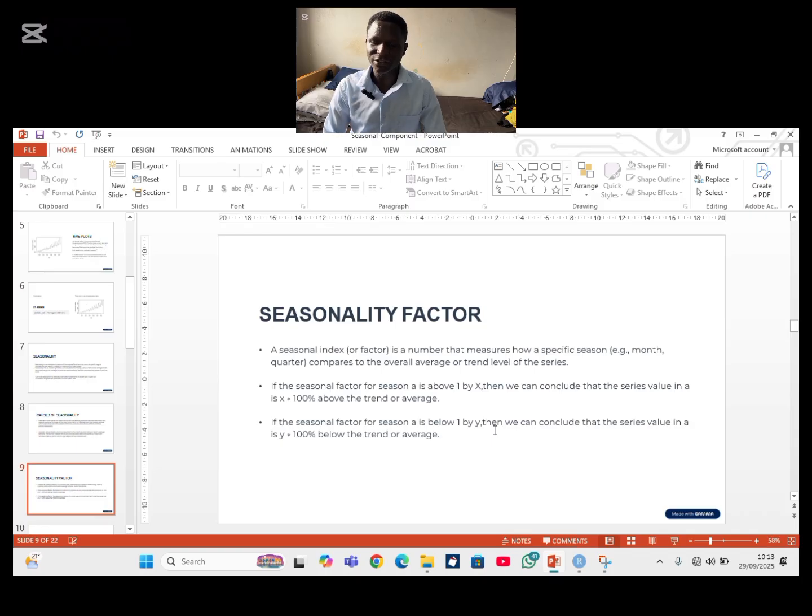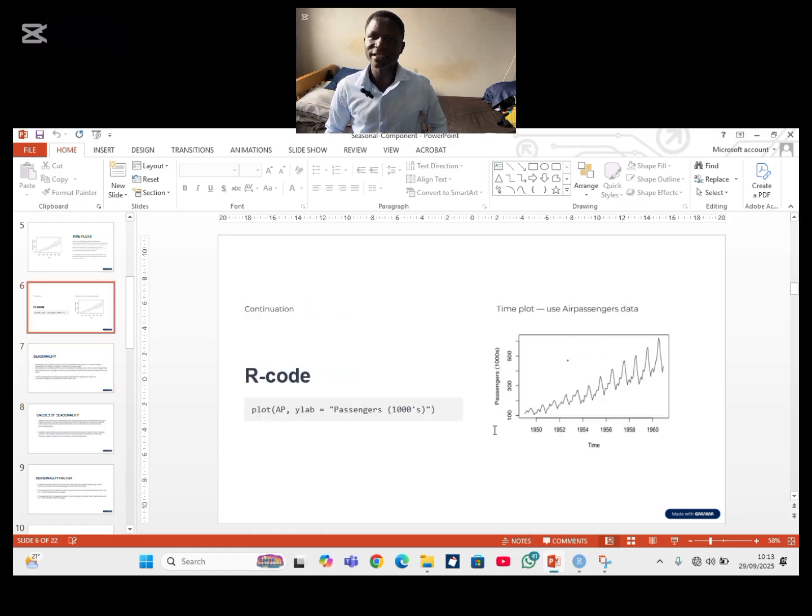What I'm saying is, perhaps if you have an average of your trend or series, at the time when maybe a particular quarter receives a high increase in sales due to the seasonality, the seasonality factor is the one that tells us how far off this increase is from the actual trend.